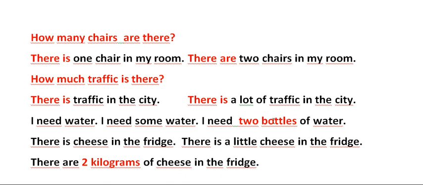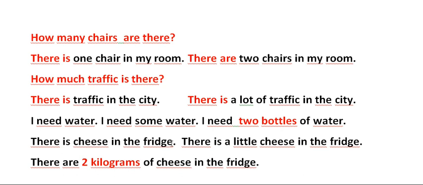So I say I need two bottles of water, but still water, not waters. Only I can express it with two bottles. And if I ask a question for this, I say how many bottles of water are there? But without two bottles, I can only ask how much water.